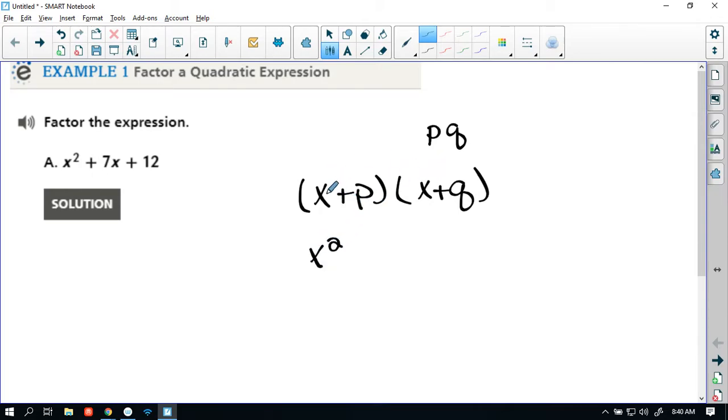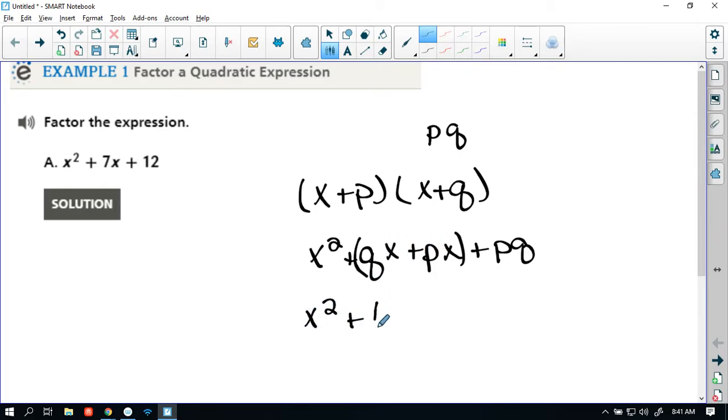So first, outer, so this is Qx, inner, Px, and last, which is P times Q. In the middle here, we can actually pull out a common factor of x. So we're left with, in alphabetical order, P plus Q.